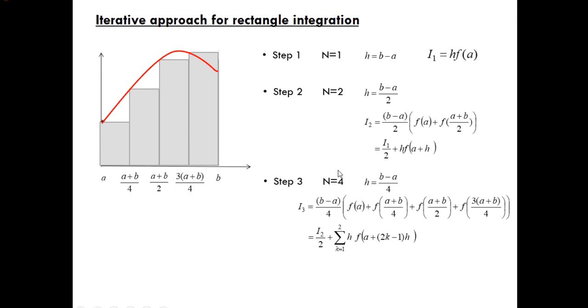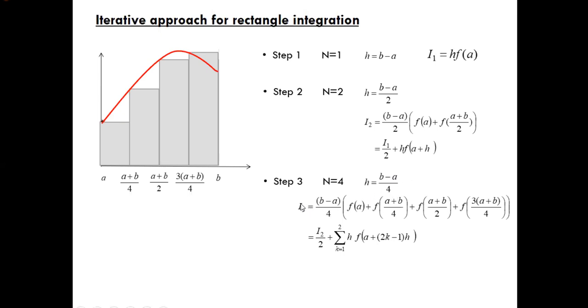So this big N here is the number of intervals. It's not the number of points. This is the number of intervals, because I have 4 intervals here. So H is equal to (B minus A) over 4 here.